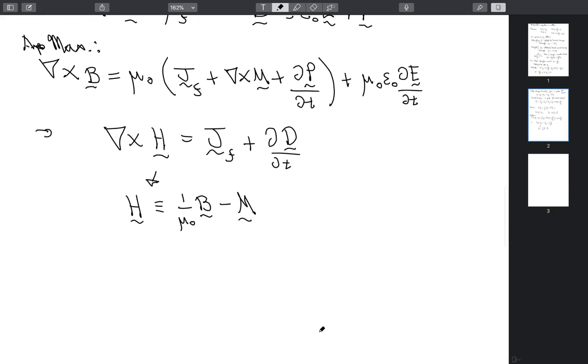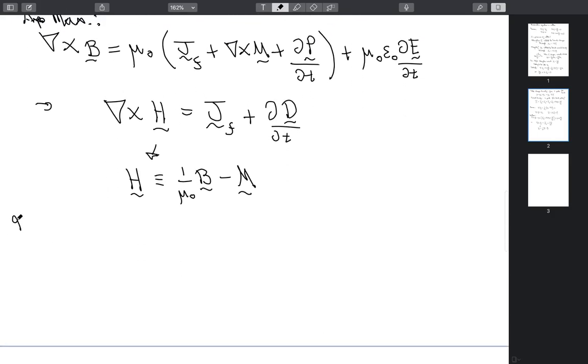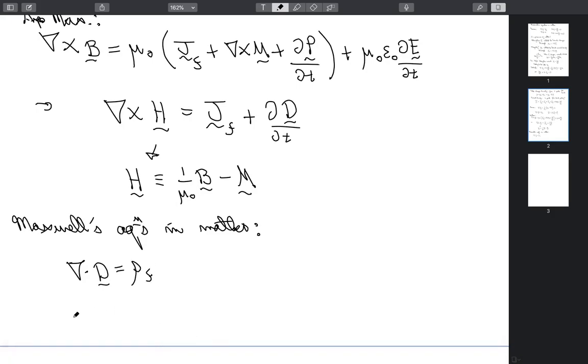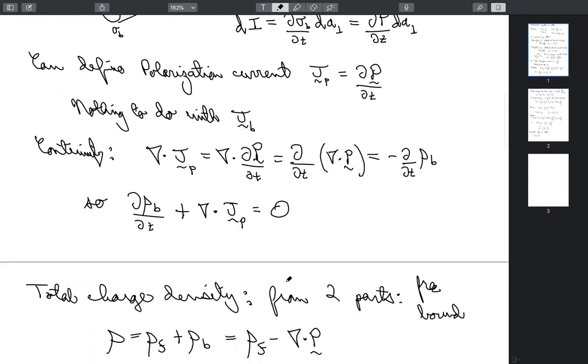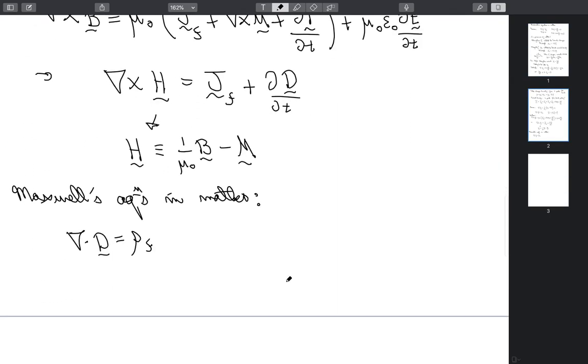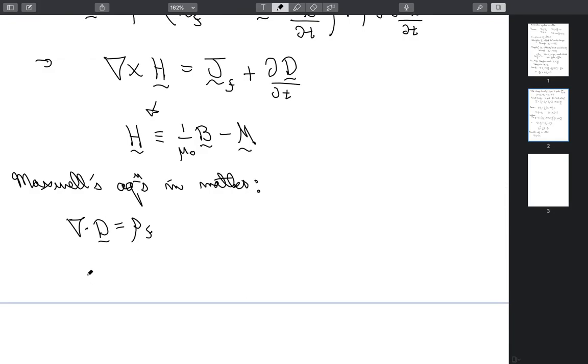So these are important equations that we have. To summarize, Maxwell's equations in matter are the following. We have that the divergence of D is equal to the density of free charges. Electric field on top, and then we have that the divergence of B is still equal to 0. That's not going to change.